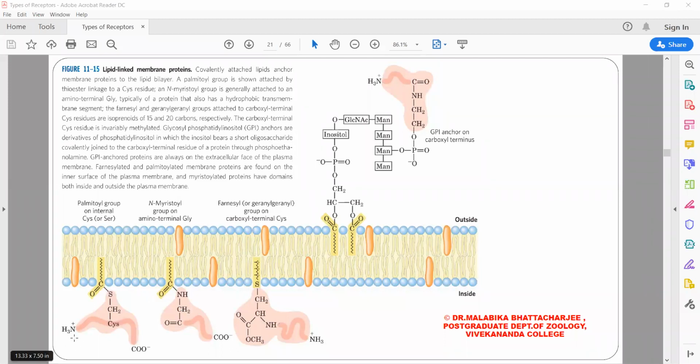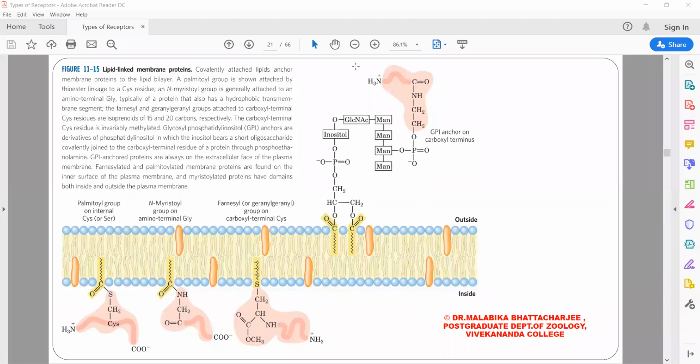A point to be noted here is that the farnesylated and the palmitoylated membrane proteins are always found on the inner surface of the plasma membrane. So this category and this category are always found on the inner surface of the plasma membrane, while the myristoyl group can be found on the inner surface as well as the outer surface.